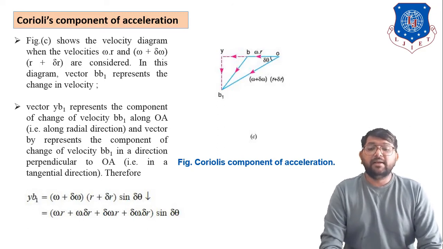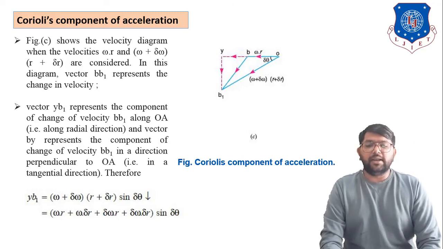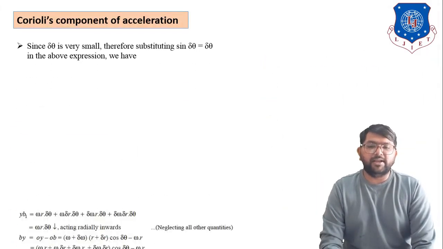Therefore we can write yb1 is equal to omega plus delta omega in bracket, r plus delta r, into sin delta theta in downward direction, which is equal to omega r plus omega into delta r plus delta omega into r plus delta omega into delta r, into sin delta theta. Now this is a simple mathematical expression.